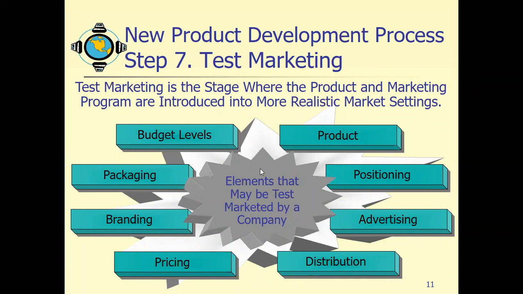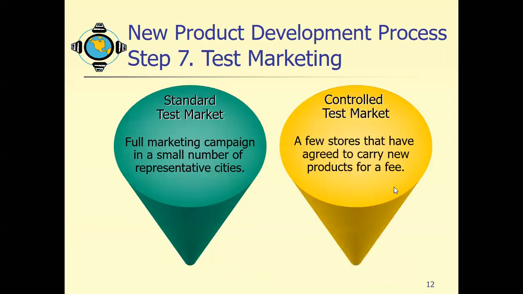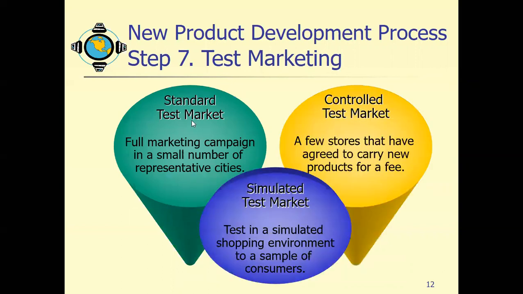Test marketing is the stage where the product and marketing program are introduced into more realistic market settings. There are three kinds of test market: standard test market, controlled test market, and simulated test market.